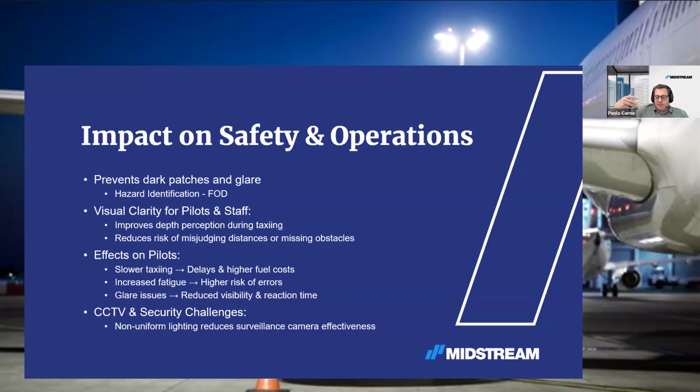So I might have an apron or anyway a generic area which is lit to 2 lux in a perfectly uniform way. The camera will have the time to adjust the brightness and you'll have perfect visibility. But if you suddenly have a space which is lit to 1,000 lux, but has an area which is 2,000 and an area which is a tenth of it, you will never be able to adjust the brightness so that both areas are visible.